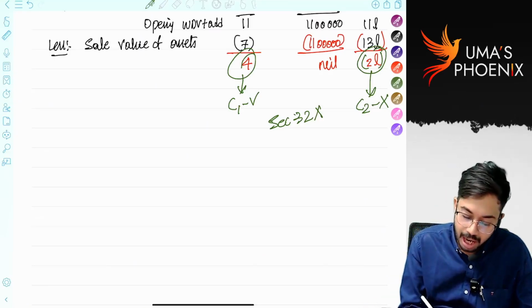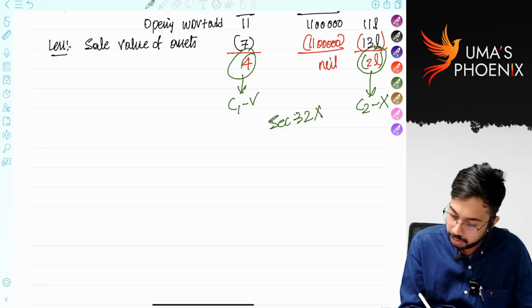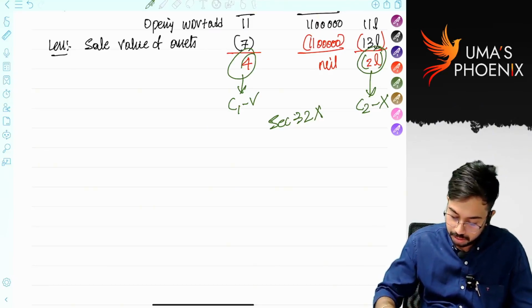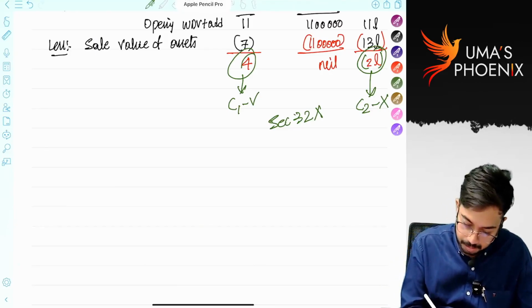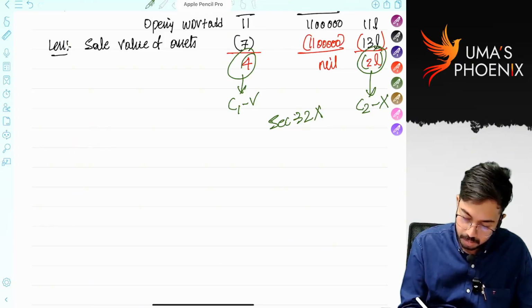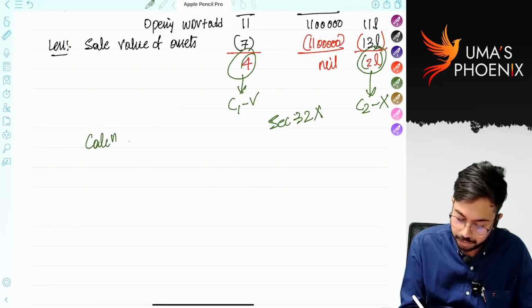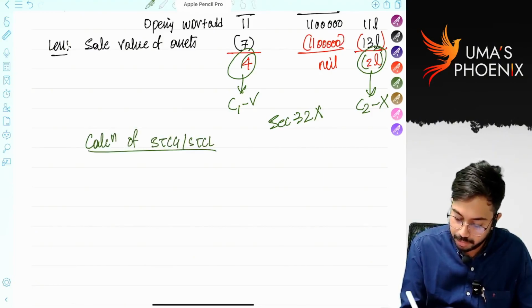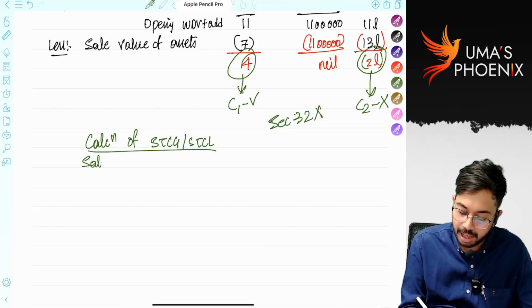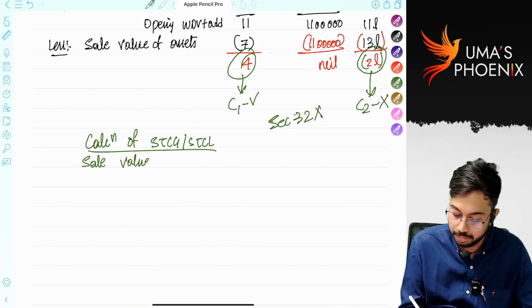So in case of depreciable capital assets, short-term capital gain or short-term capital loss will arise. Shall we do the calculation of short-term capital gain or short-term capital loss? Now, how much is the sale value?